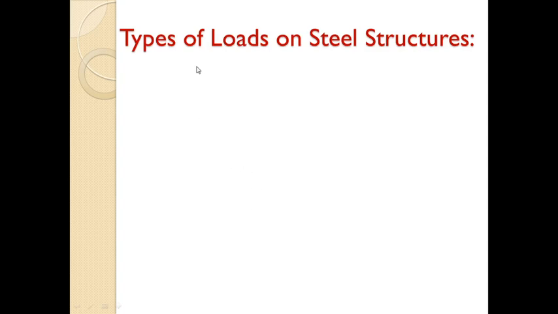So the next point is the different types of loads which act on a concrete structure. Here steel structure is given, but it is now concrete structure. First is the dead load, for which we refer to IS 875 part 1 1987.